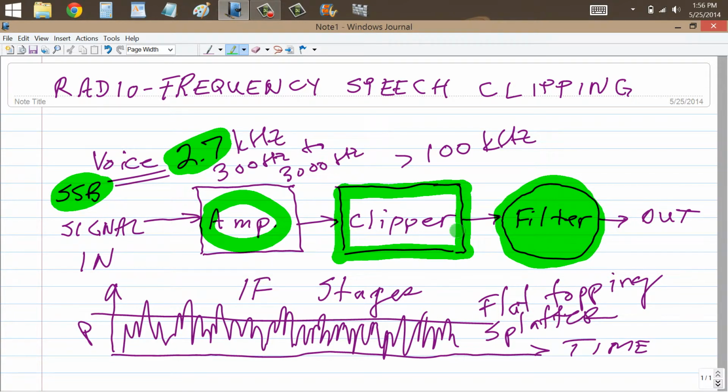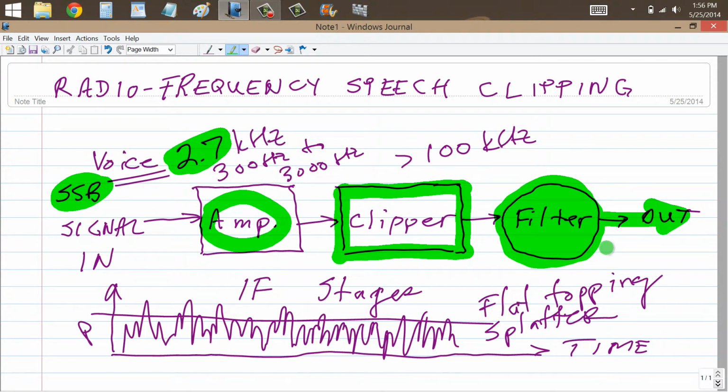Another thing that this process will do, as analog audio speech processing will do, is because it increases the average power, it will increase the amount of work that the subsequent stages afterwards here have to do. So you have to be careful that you don't exceed the ratings of your driver and your final amplifier stages and cause them to overheat and malfunction, possibly even burn them out.